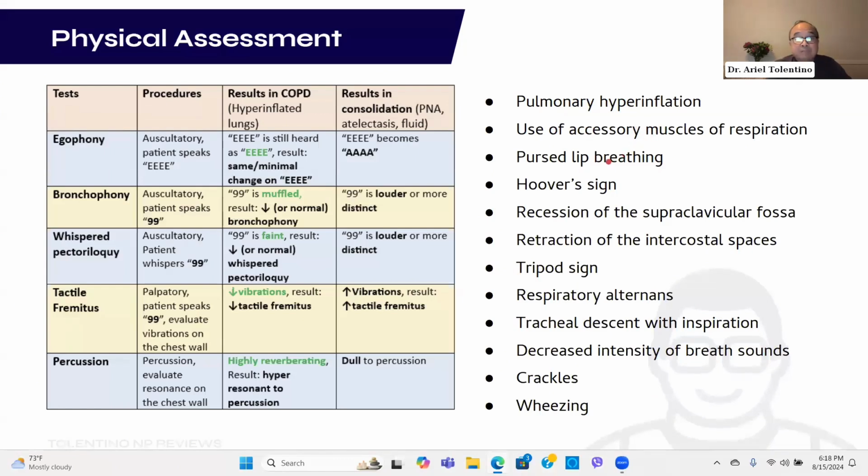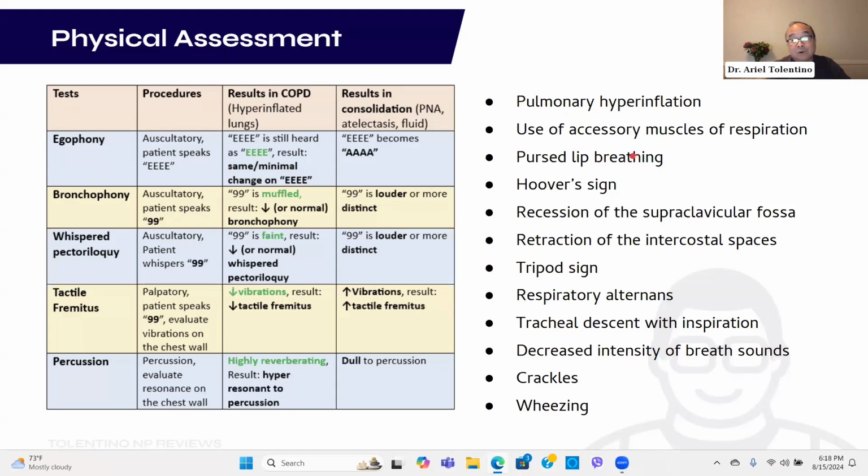The patient may also exhibit pursed lip breathing, and pursed lip breathing is the exhalation via pursed lips. And this increases the positive expiratory pressure in the airway. This decreases airway collapse and decreases airway resistance. Hence, this decreases the residual volume and increases ventilation.